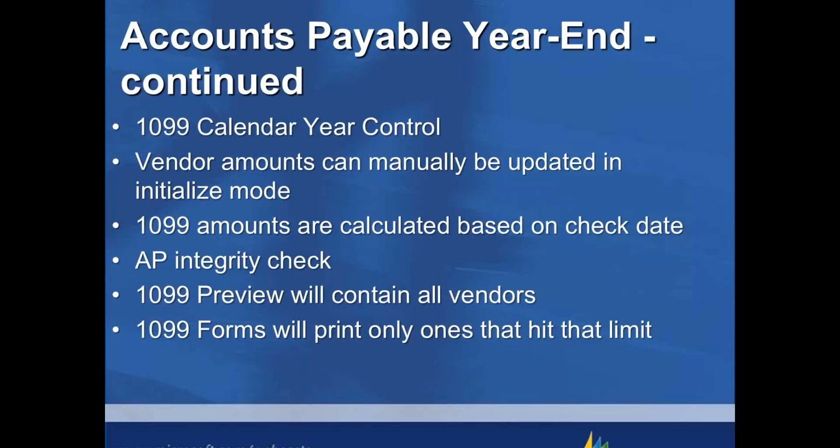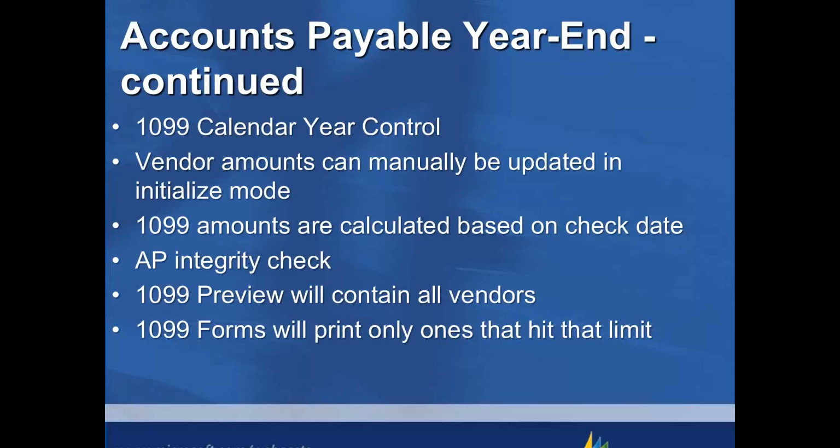So if you have a situation where a vendor in the first half of the year was treated as an ordinary vendor, and in the second half of the year you realized that this vendor needed to be subject to 1099, and checked off that box and started putting in the box numbers on those transactions, the integrity check would not pick up what happened in the first half of the year.